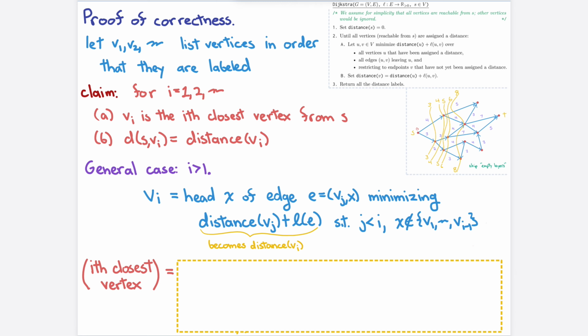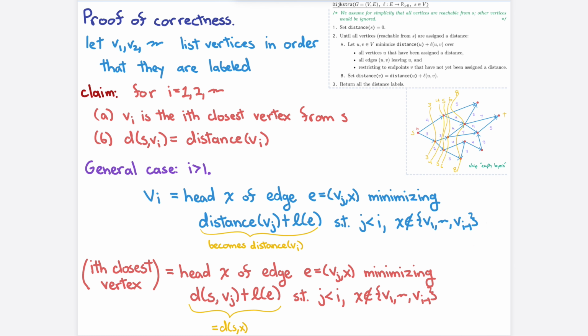Meanwhile, the ith closest vertex, if we were to define it. I think the first set of suggestions were all based on this box down here, because everyone was speaking in terms of distances.